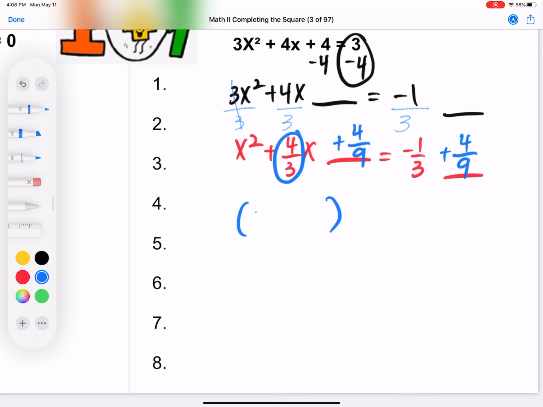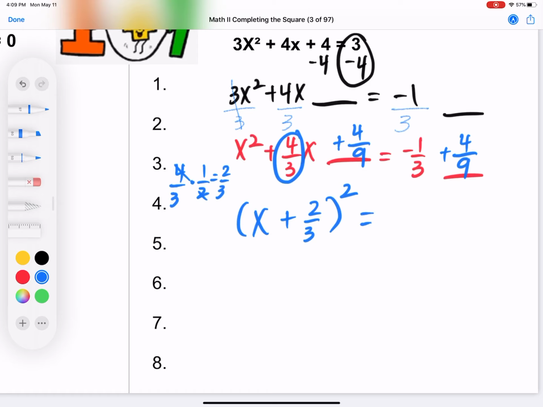So what you could do is just put x, or your variable that you have, and then remember, whatever term goes here, it's really just your b term, which is 4 over 3 divided by 2, which we said is like multiplying by 1/2. That gives us 2/3. So really in the middle, we could just write plus 2/3. We're going to have 2 of those because we're completing the square. So square it and then set that equal to.